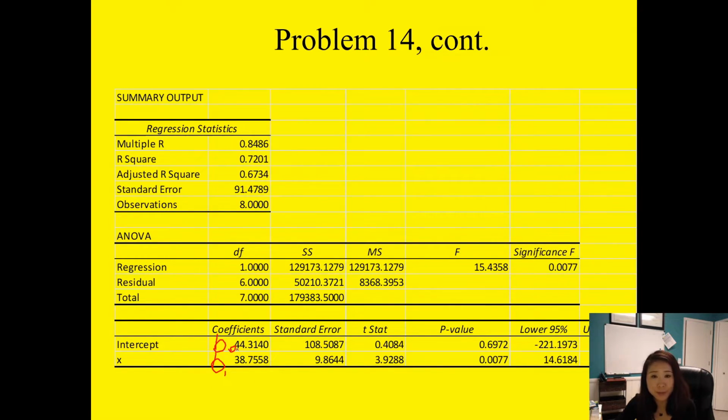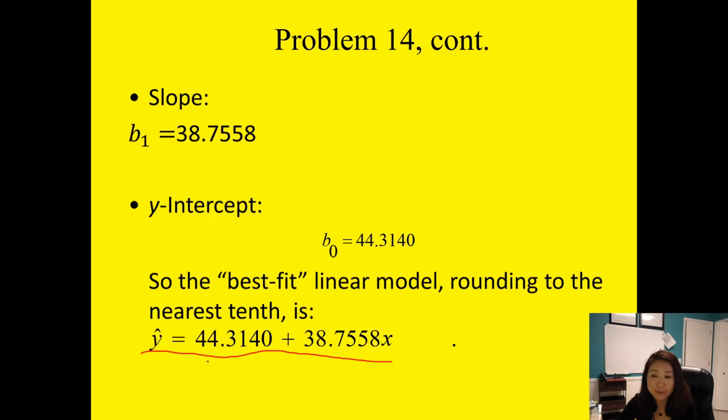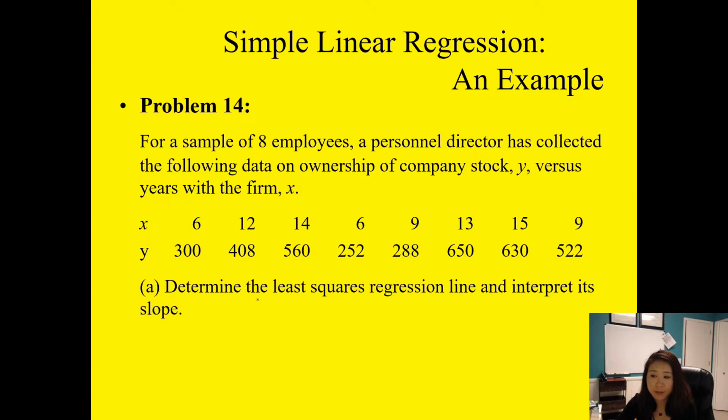That's why I asked you to print it out and label it, because you might need to use this handout to guide you on your homework, and you have to remember the location for B0 and B1. After you get the values for B0 and B1, this is your final answer for the first part, determine the least square regression line.